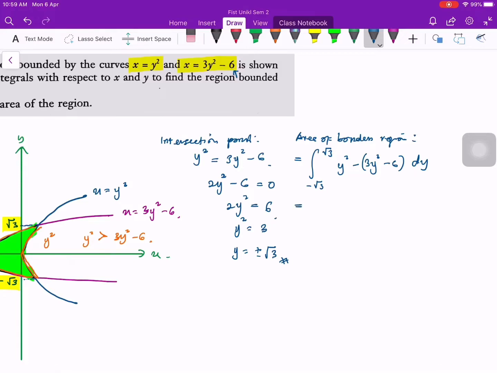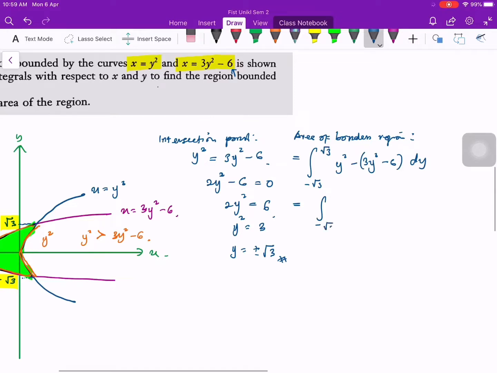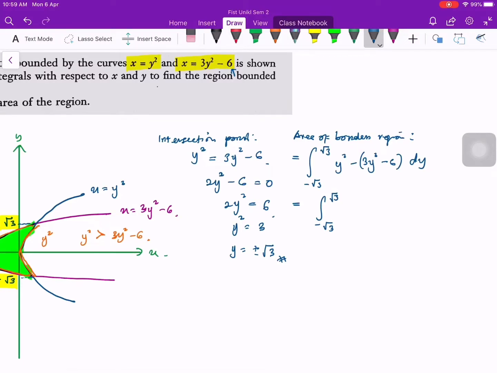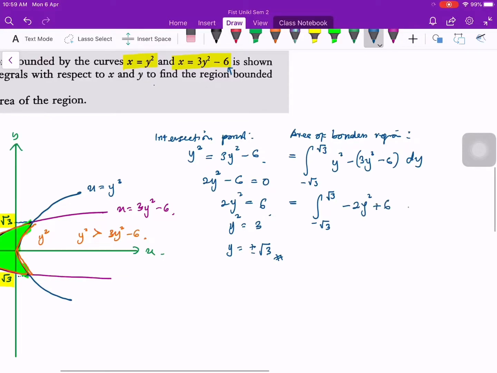So now we proceed with expansion or simplify. We get the integral with limits from minus root 3 to root 3 of y squared minus 3y squared, which is negative 2y squared, plus 6 dy.